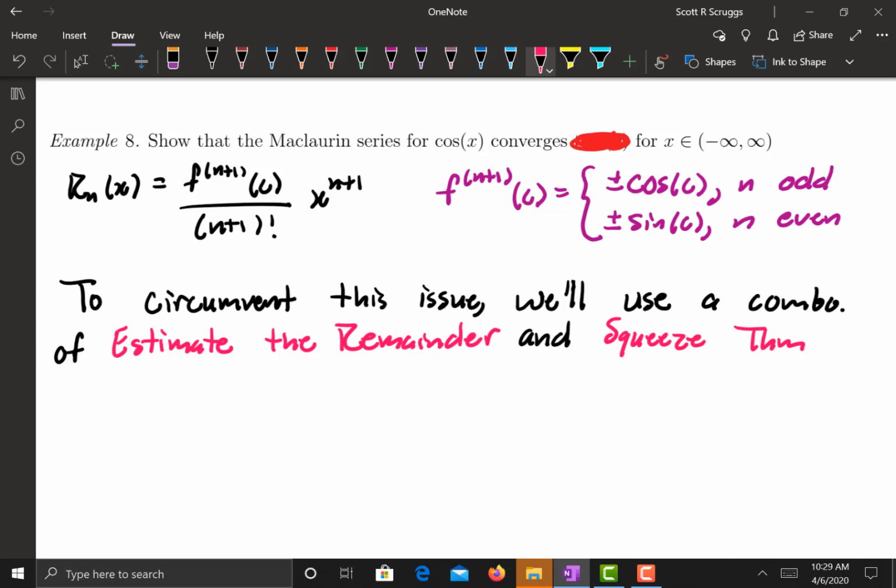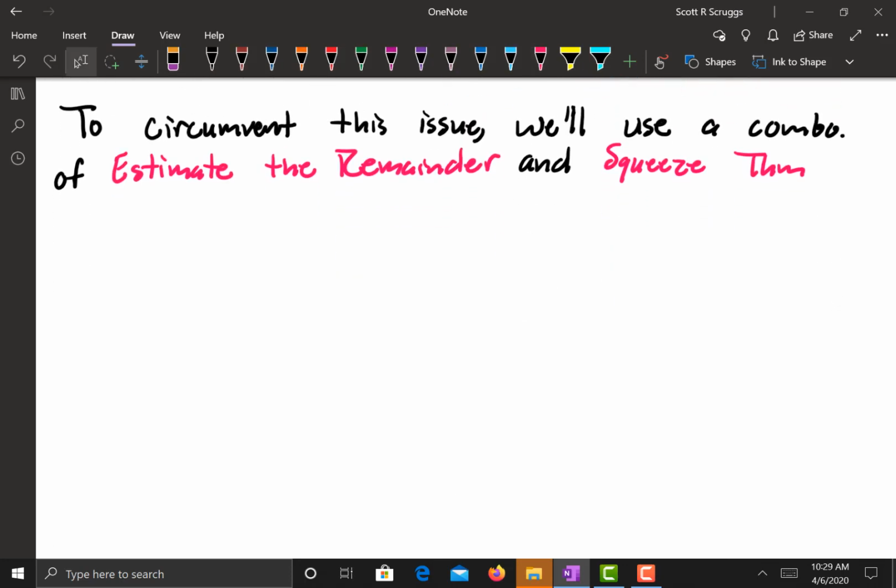And here's the reason why I'm thinking of using squeeze theorem. If I write down my general form for estimating the remainder, well, absolute value, there's no way an absolute value number can be negative. And the only way that I get 0 is if I'm taking the absolute value of 0.